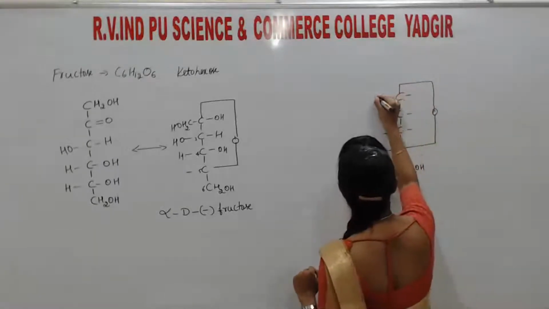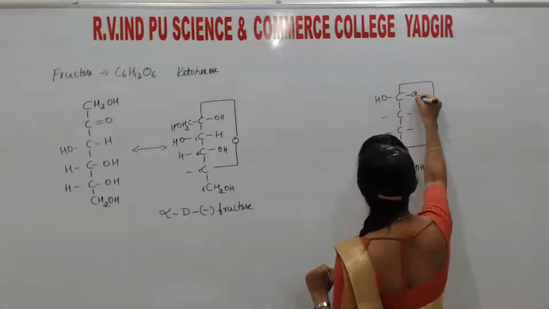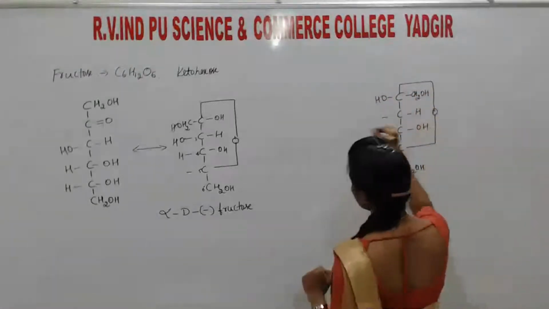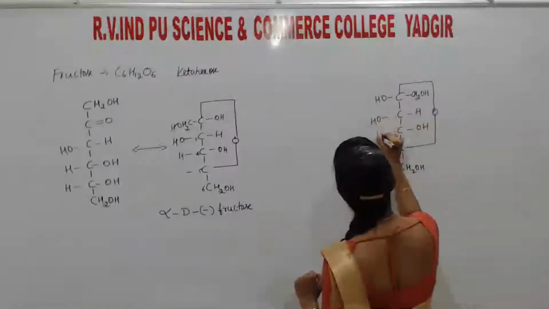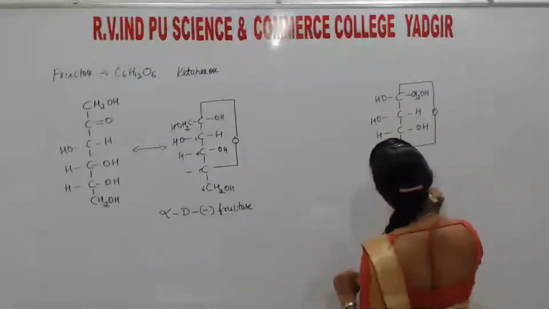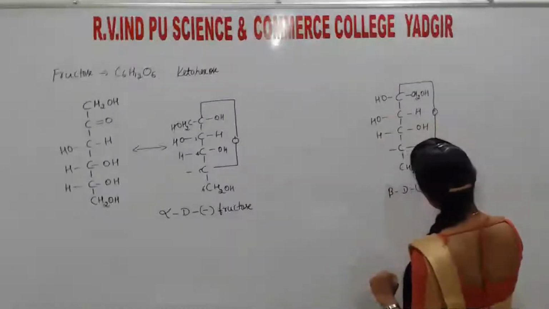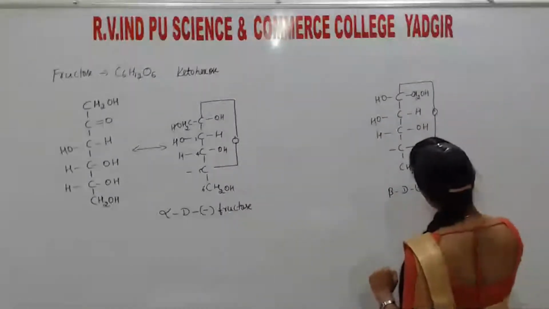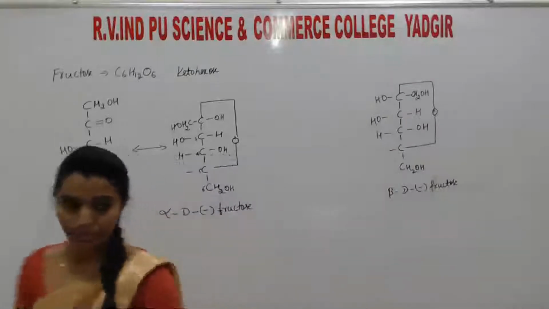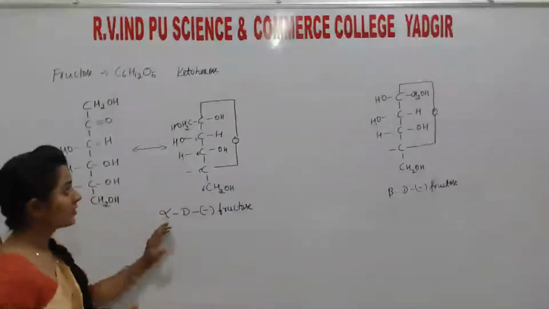Here, if OH is on the left hand side, then it is beta D minus fructose. Okay, these are the Fischer structures.